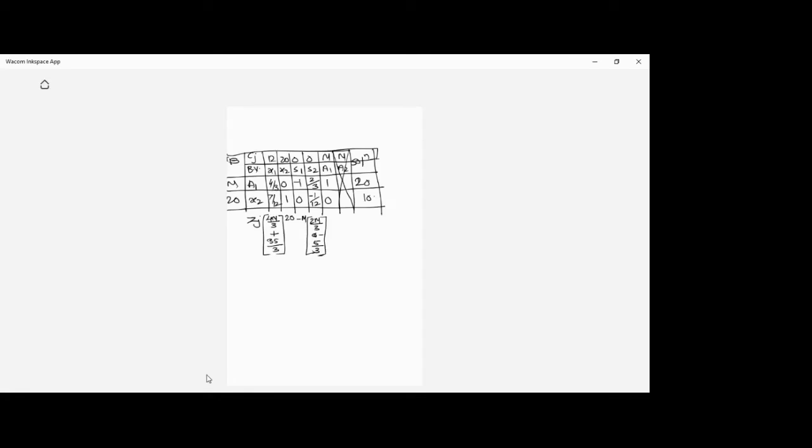Just doing the calculations, you will find that this comes. Or should I write it more properly? No, I think that it is understandable. And here you will be getting it as m, right? Lastly, here it will be 20m plus 20 into 10, which is 200. So 20m plus 200 will be here, right?